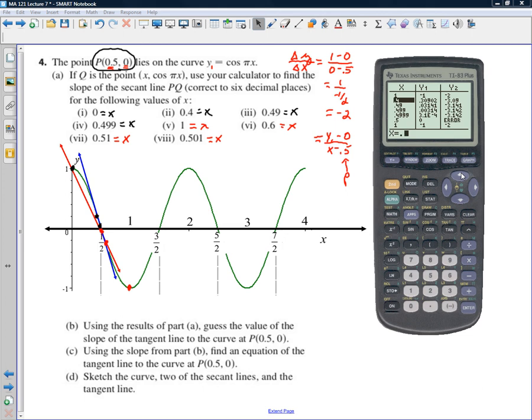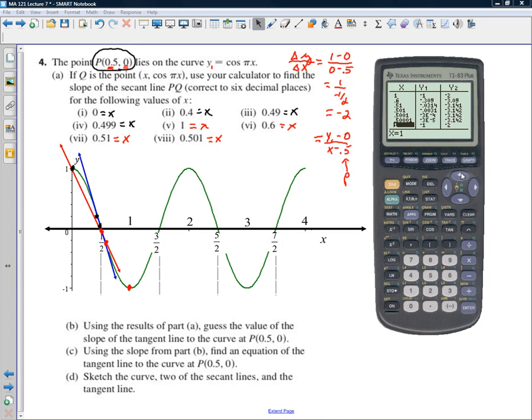1.6, 0.51, 0.501. We could get even closer. 0.5001, right? Get as close as you want.